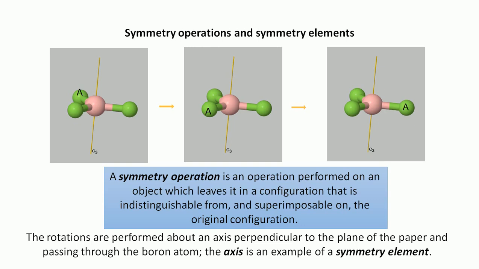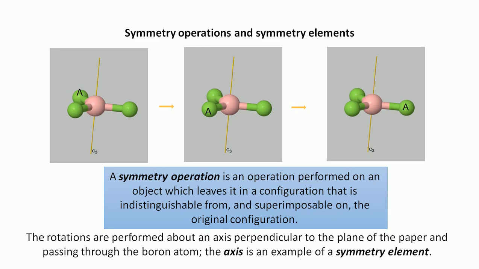That operation is performed through an axis, and that axis is an example of symmetry element. So we perform the operation through a geometrical entity which is an axis here. So this axis of rotation is the symmetry element, and rotation operation is the corresponding symmetry operation.